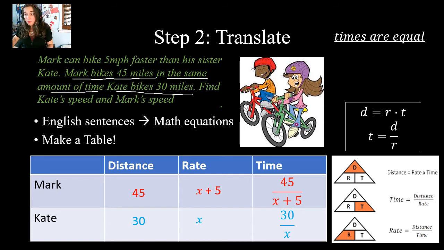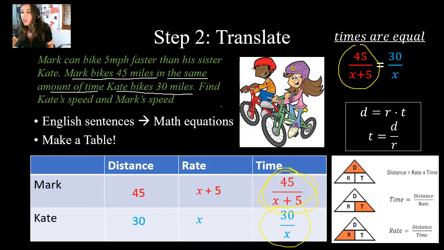Mark's time, which we have right here, is equal to Kate's time, which means we can set up a beautiful equation for ourselves. Mark's time, which is 45 divided by X plus 5, is equal to Kate's time, which is 30 divided by X. And now, you guys, we have a rational equation that we know how to solve.